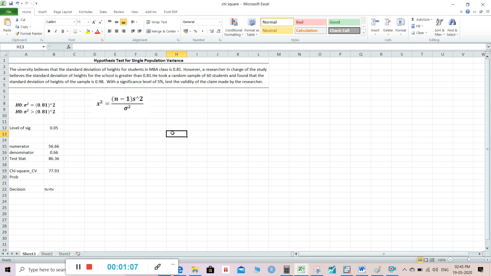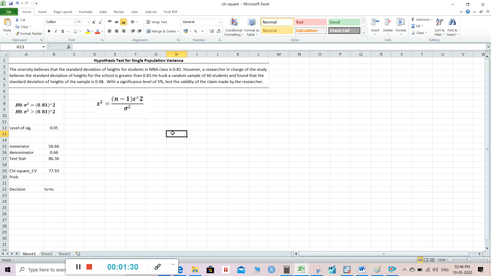So the null hypothesis here is the population variance is equal to the hypothesized value, that was 0.81, and 0.81 squared, because 0.81 is the standard deviation, right?